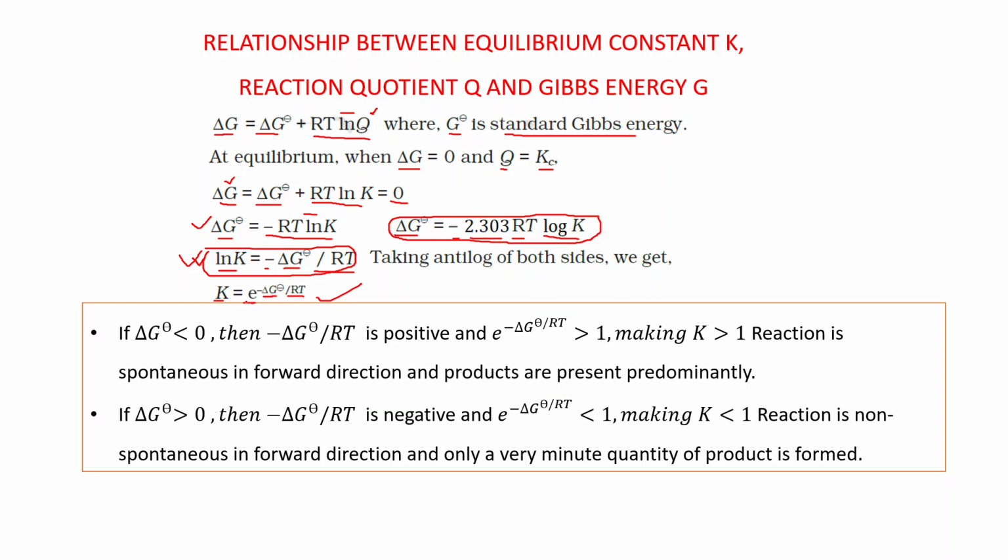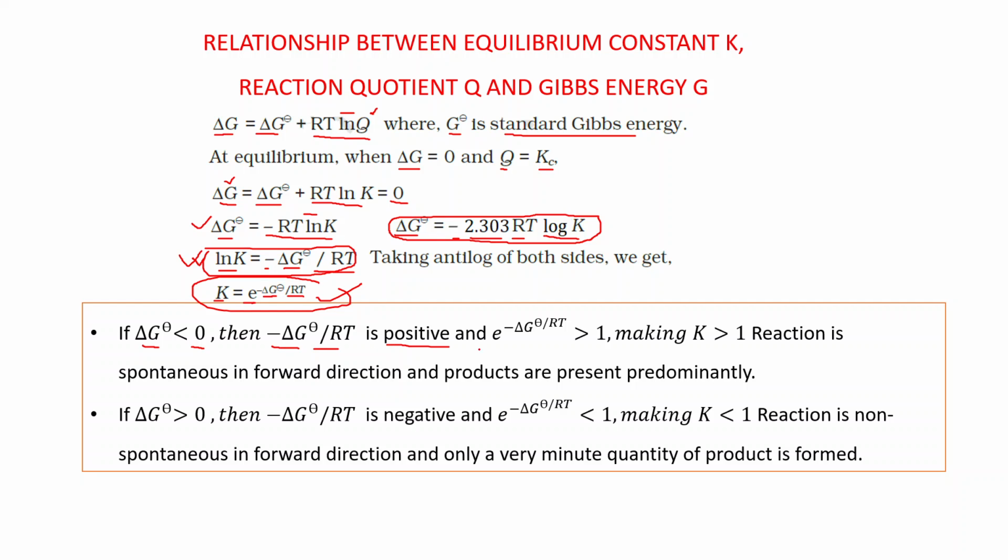Okay. Now, from this relationship, just see, if delta G standard is less than 0, then minus delta G standard divided by RT is positive.